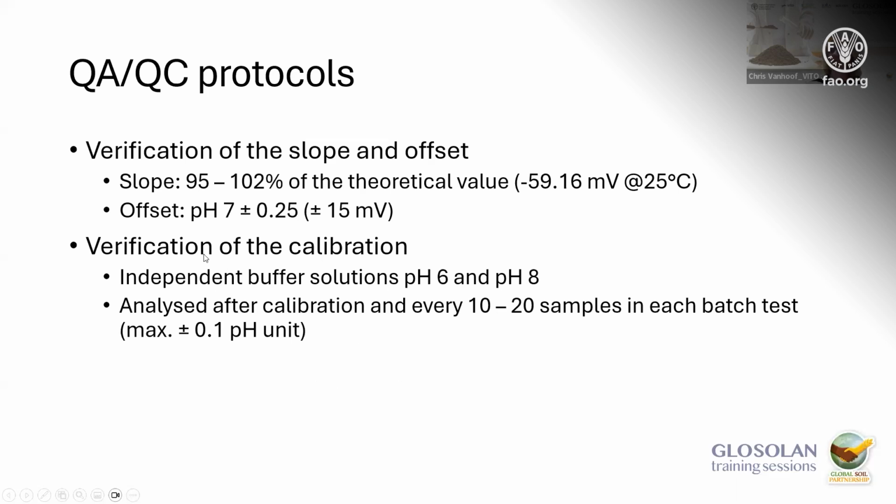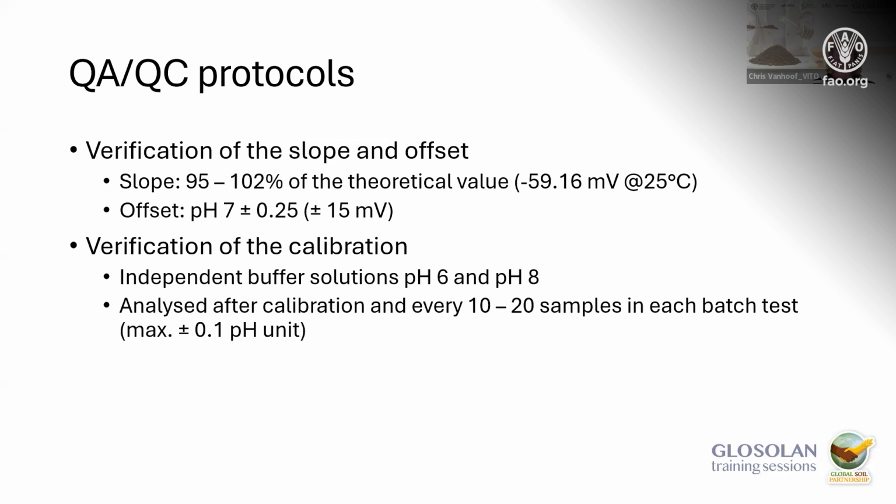What we also do is reanalyze these independent buffer solutions when we run a batch of samples. After 10 samples, most of the time 10 to 20, depending on how many samples we analyze, we remeasure the independent buffer solution. And we check that the deviation is not much more than 0.1 pH unit.